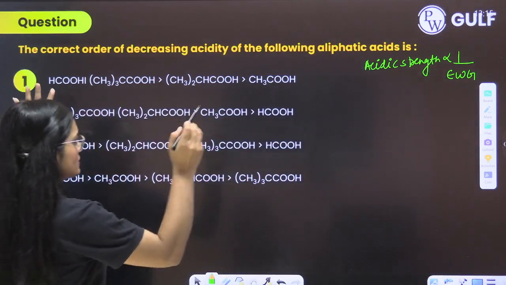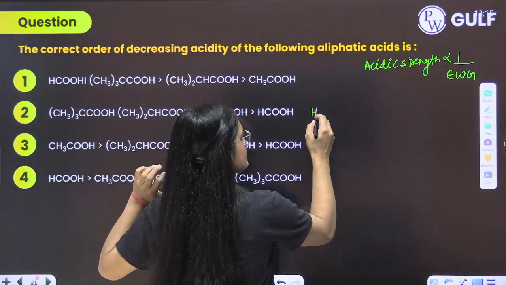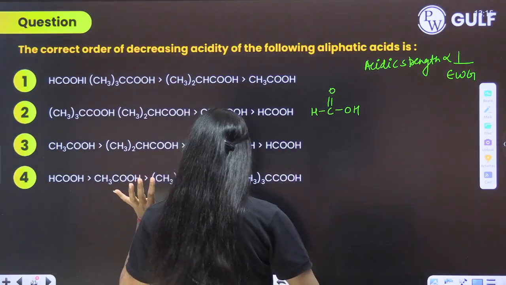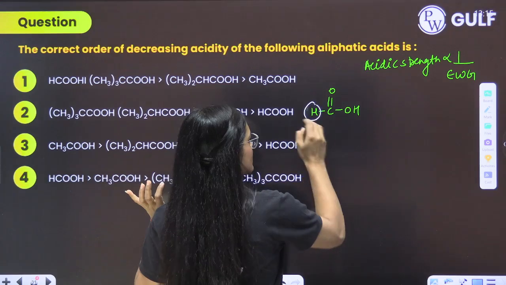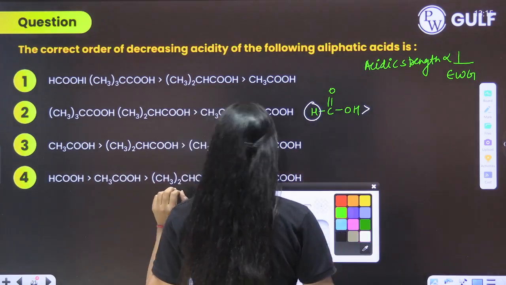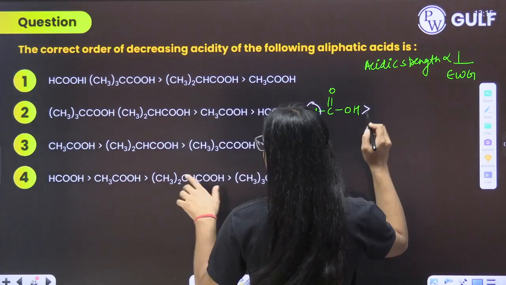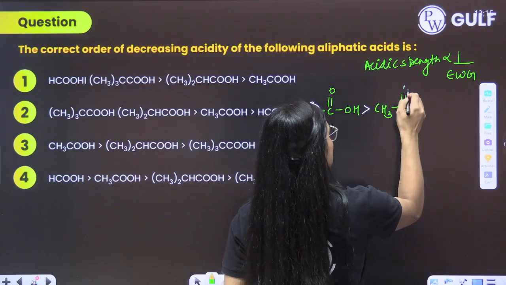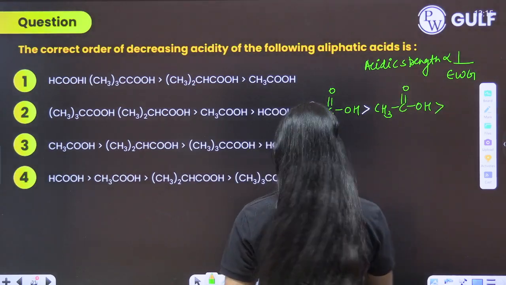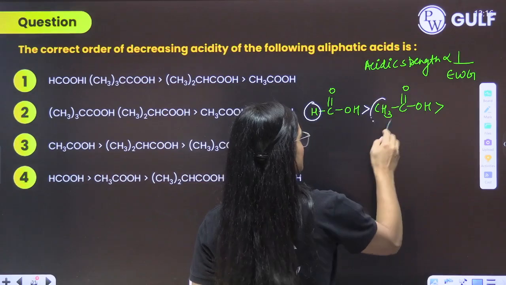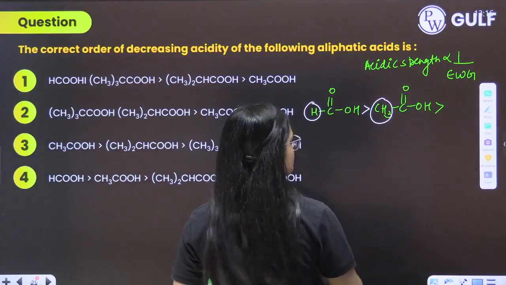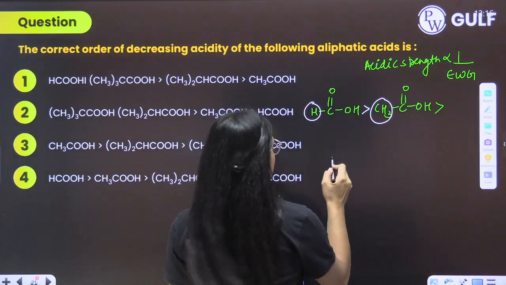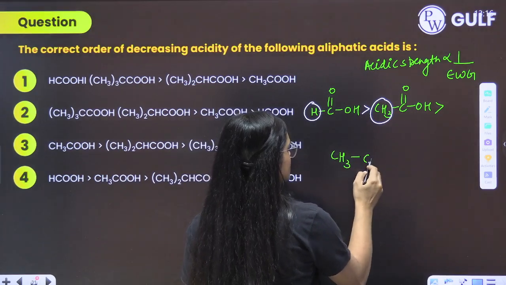So here the compounds that have been given to us, HCOOH. In HCOOH, beta, there is no CH3 group. Its acidic strength would be maximum. After that we have CH3COOH, CH3C double bond OOH. There is one CH3 group. After that you have (CH3)2CHCOOH, two CH3 groups attached with the carbon.